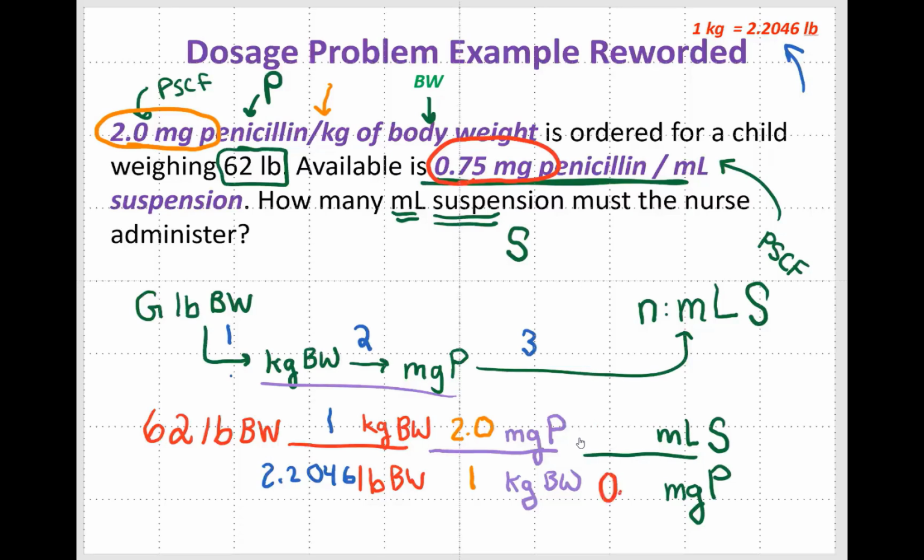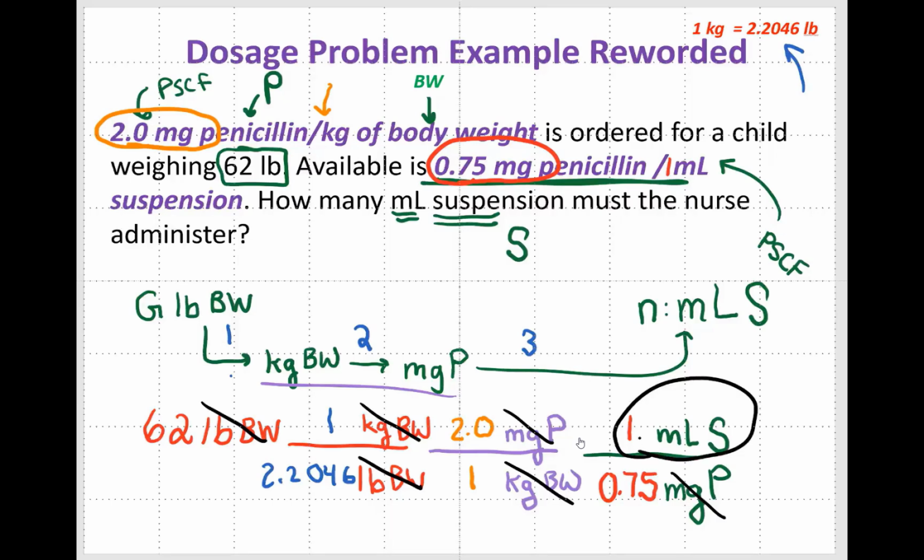That goes on bottom, per an assumed 1 milliliter of suspension. We can go ahead and make sure that our units cancel. Pounds body weight cancels, kilograms body weight cancels, milligrams penicillin cancel, and we're left with milliliters of suspension.